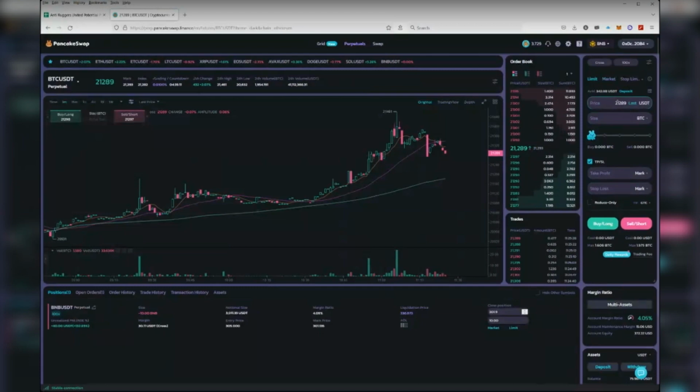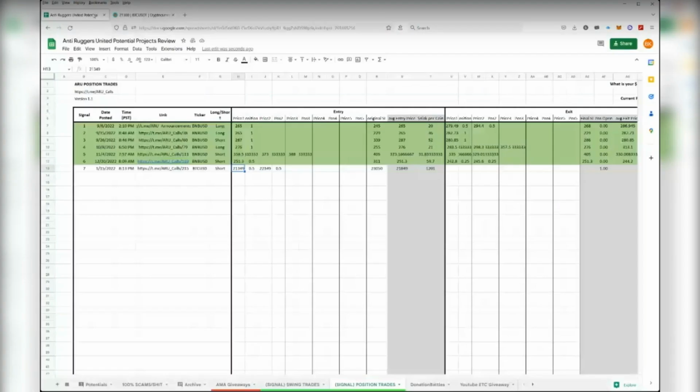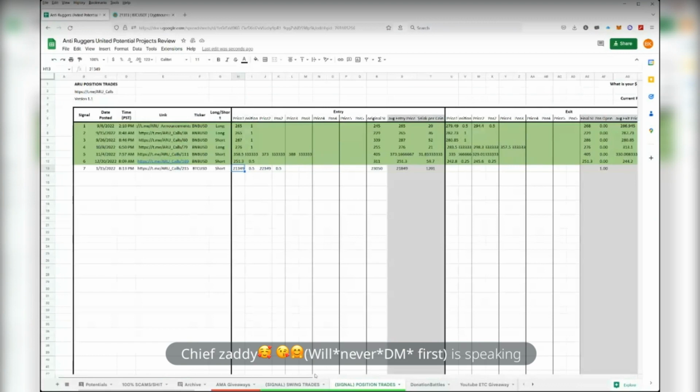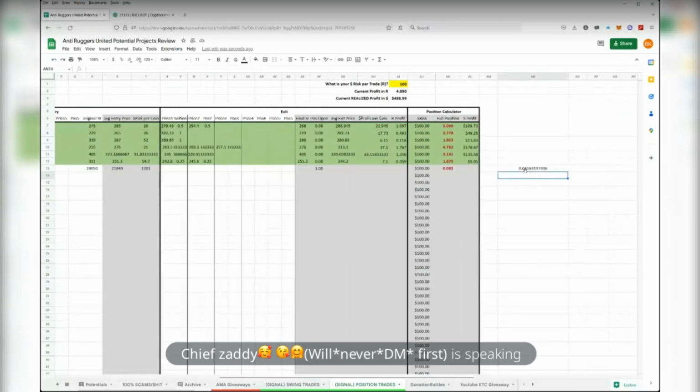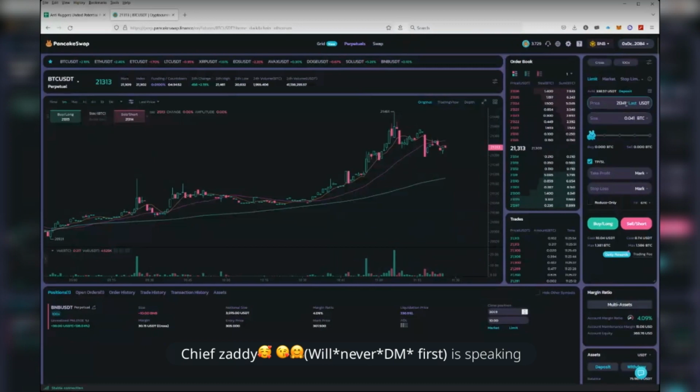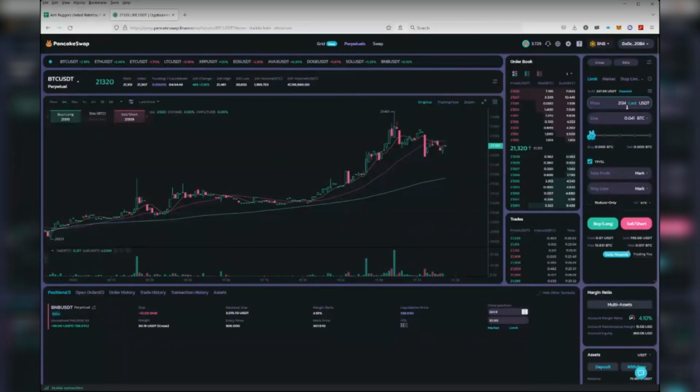Okay, I'm going to do the price of the signal, the first price right here: 21,349. Size 0.041.